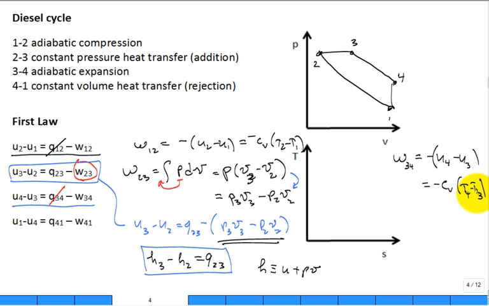But how would we normally calculate this temperature at the end of the expansion? Well, it's isentropic, S equal to constant, from state 3. And so normally it would be like T3 times 1 over the compression ratio to the K minus 1.